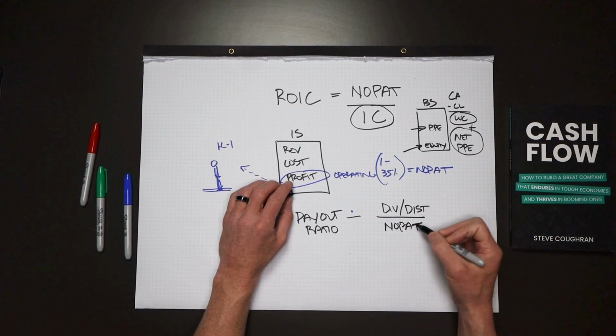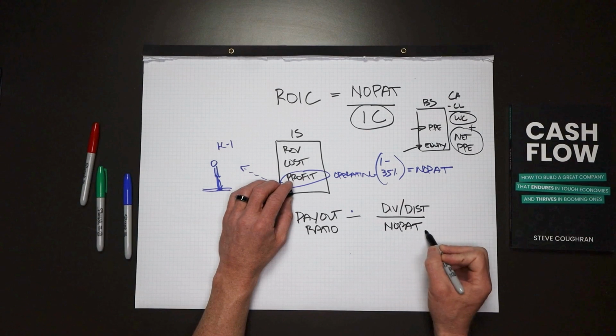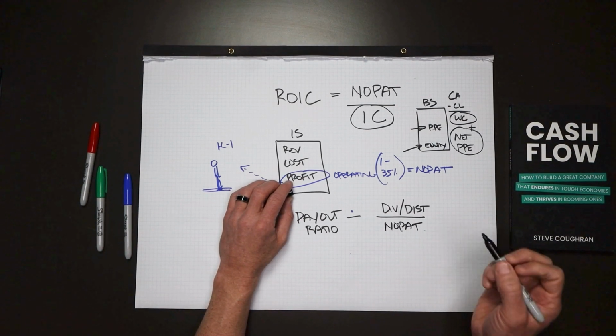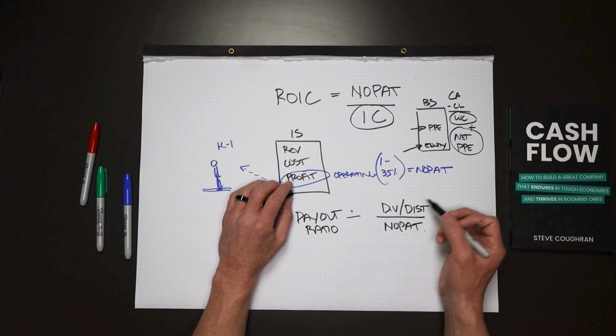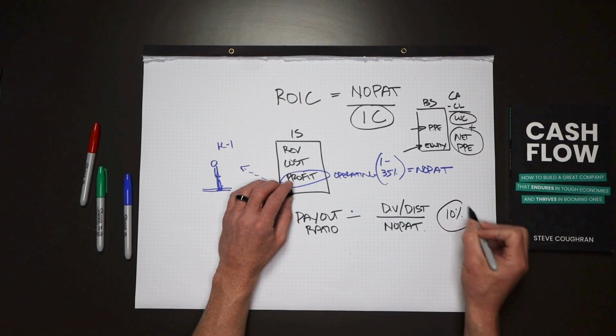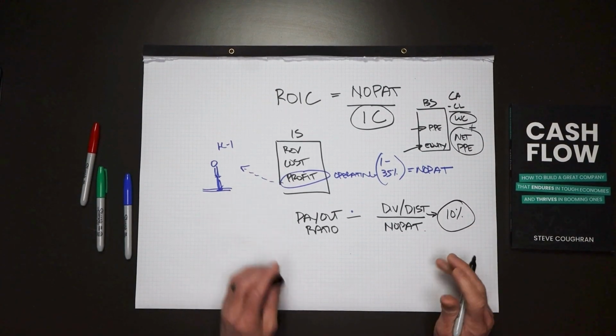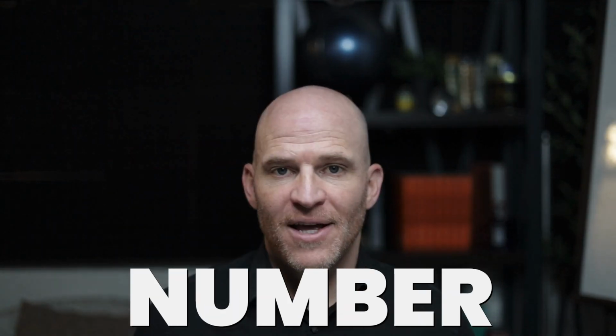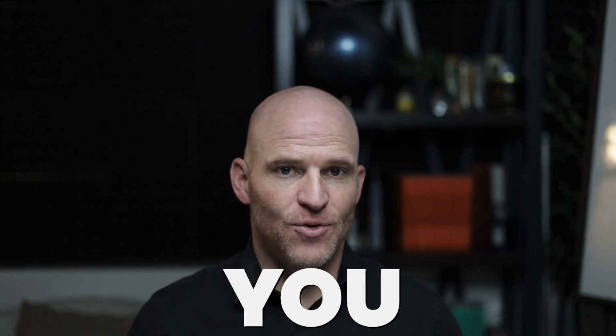And this will tell you what percentage of your net operating profit after taxes you are paying to yourself or to your investors or stakeholders in dividends or distributions. But let's just say that this number is 10%, okay? So this is your payout ratio. Now we can get to the one number that will tell you how fast you can grow.